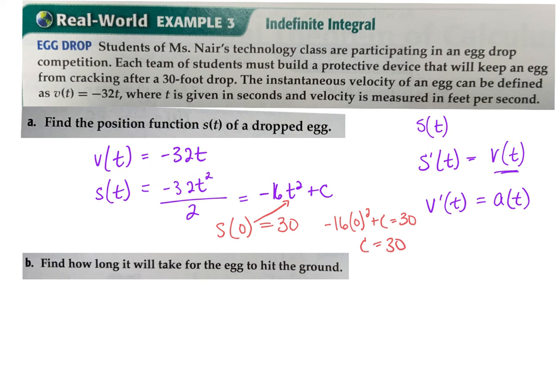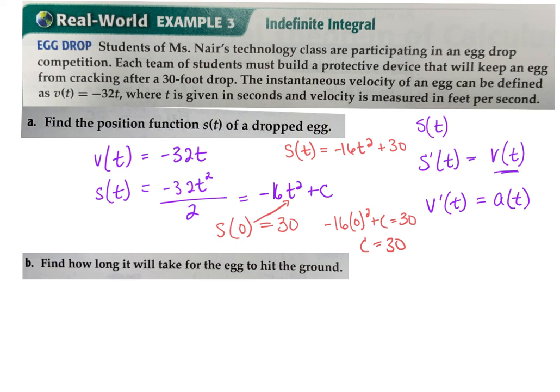And that's what it will always be in your position function, by the way. Your initial starting height will be that constant in your position function. So now I have an actual function here. My function is going to be negative 16t squared plus 30. That's what my function is going to look like.